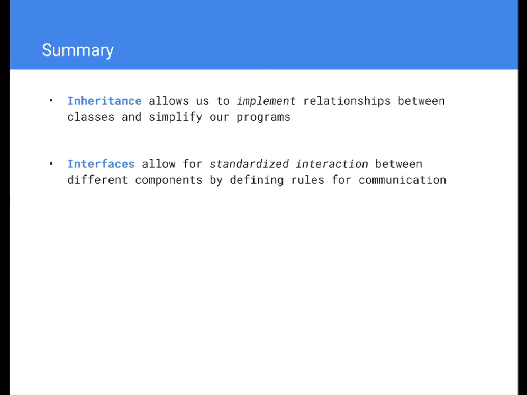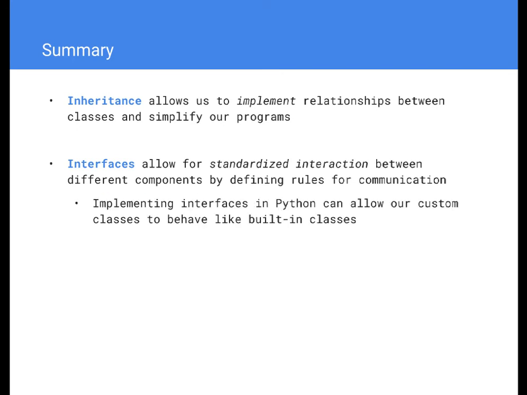So long as I have a __len__ method that takes in self and no other arguments, then I can use the len function. And implementing these interfaces in Python can allow our custom classes to behave like built-in classes. I can do stuff like call len on an object that I define. I can do indexing. I can even do slicing and other cool things.